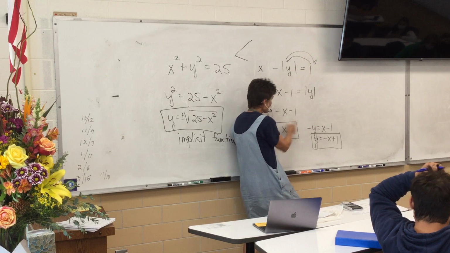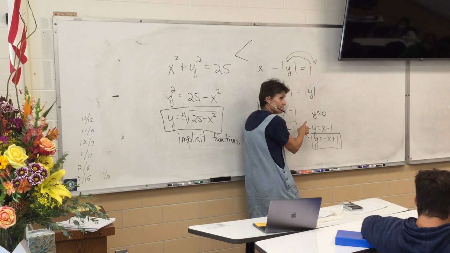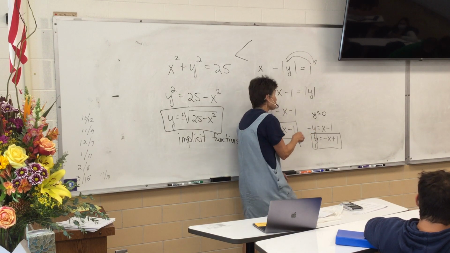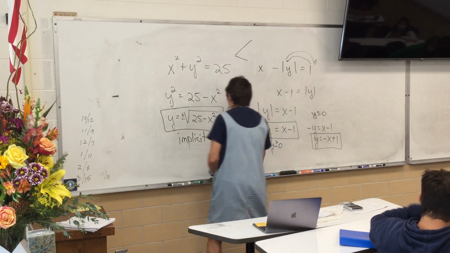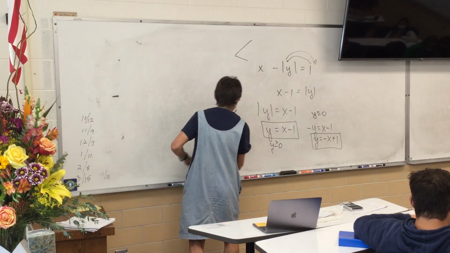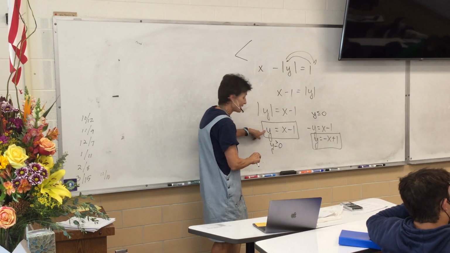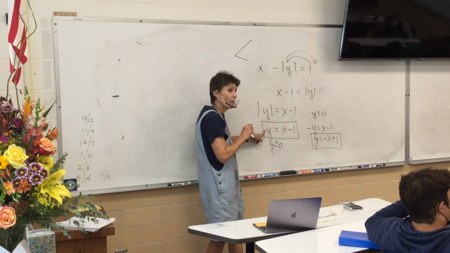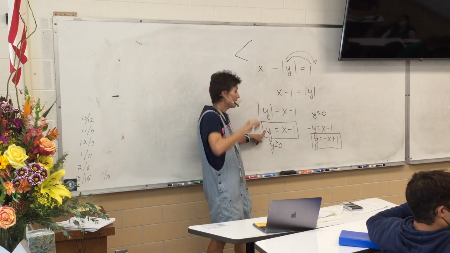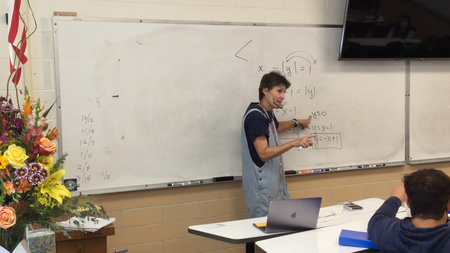But if you take the absolute value of a negative number, then it's its opposite. Does that make sense? So when you look at your x, you cannot look at the whole line. For this part of the line, you can only look at the part where y is positive. So that will be the top half. For this one, you have to look at the bottom half.